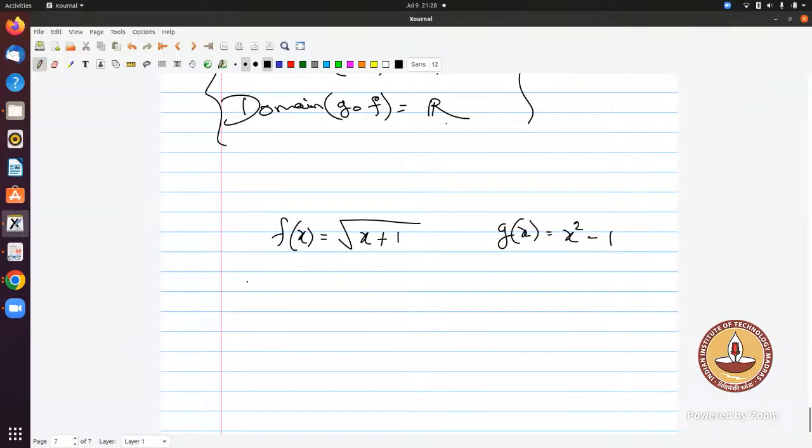Can you tell me what is the domain of f? -1 comma infinity. Correct. Should we include -1? Yes, because for that it is 0. So -1 to infinity is the domain of f. And what is the domain of g?